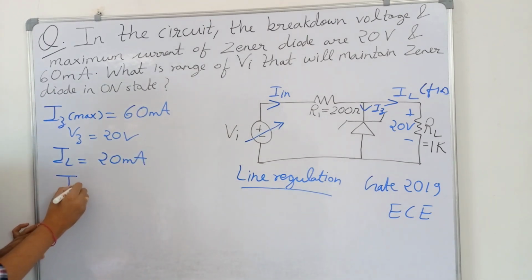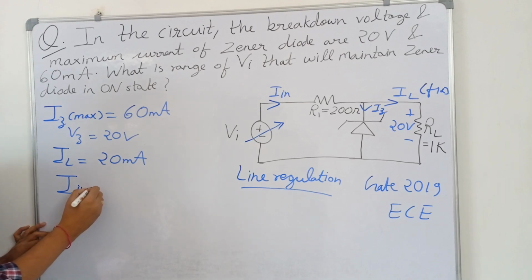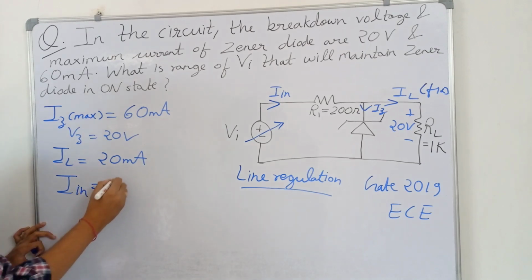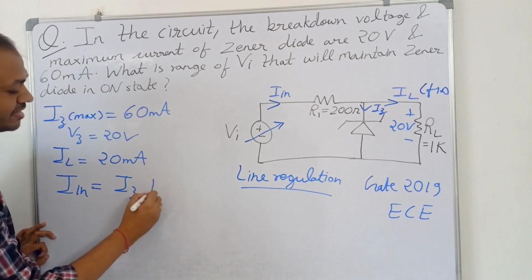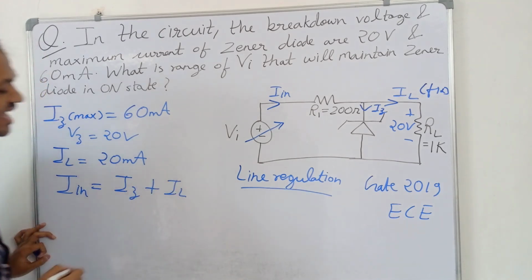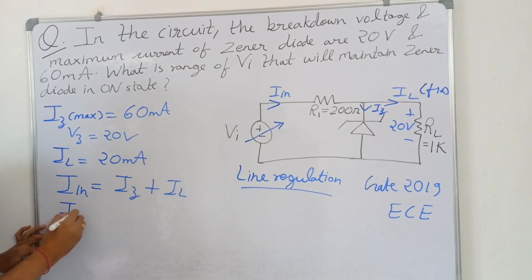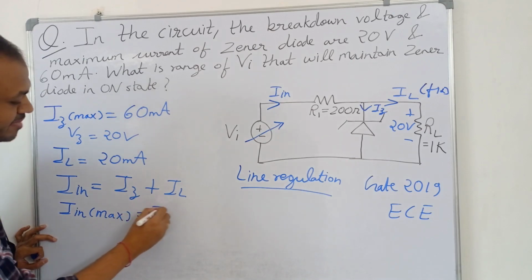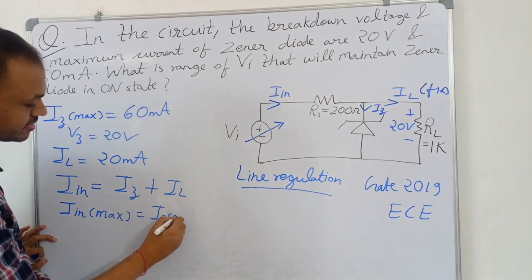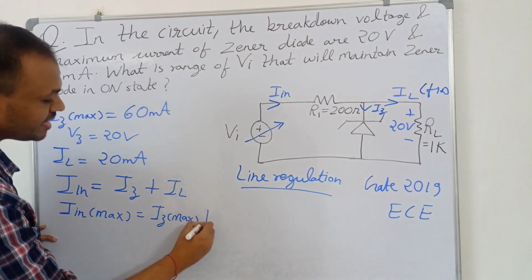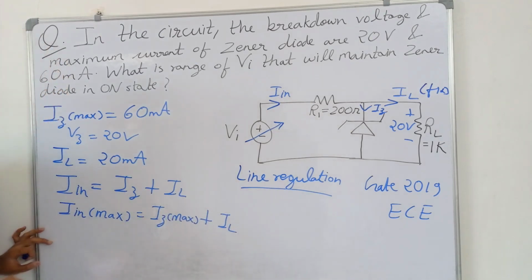Now we can write using KVL. Iin is variable. So Iin equal to Iz plus IL. Now this IL is fixed. So Iin maximum will be equal to Iz maximum plus IL. IL is fixed, so there is no maximum or minimum. Iz maximum we are given as 60 milliampere and IL is 20 milliampere.